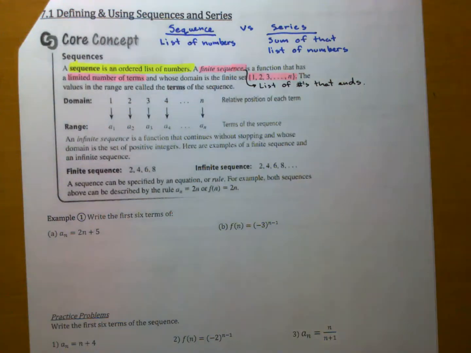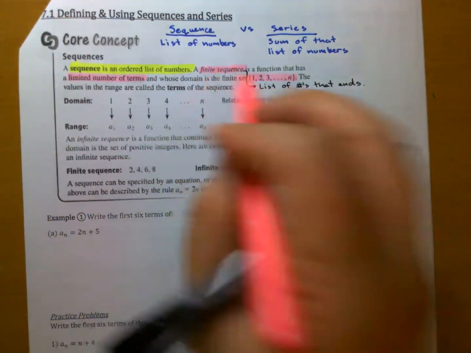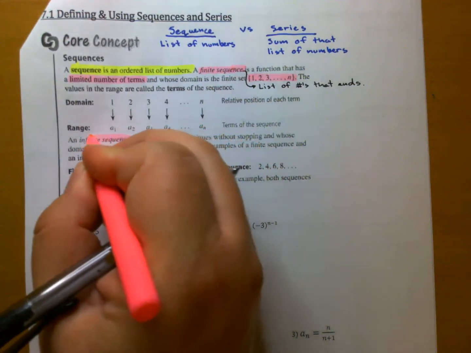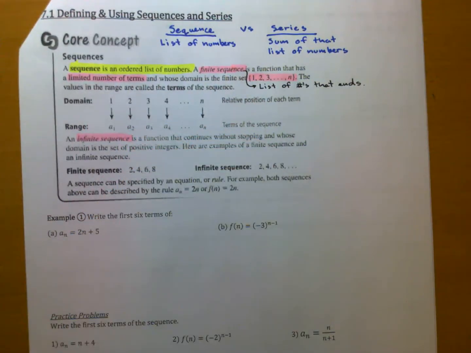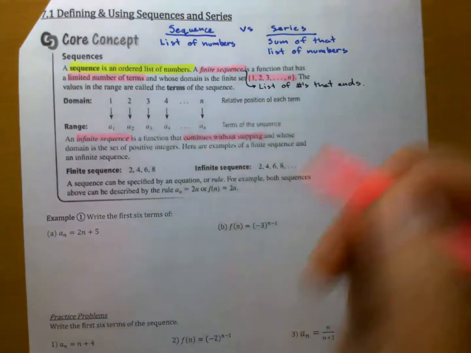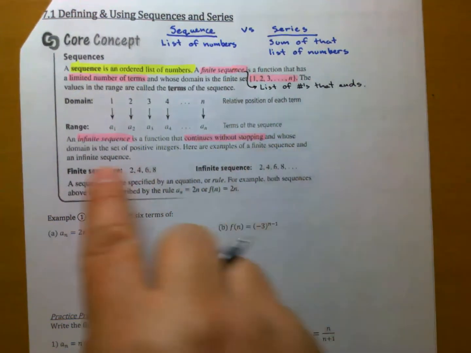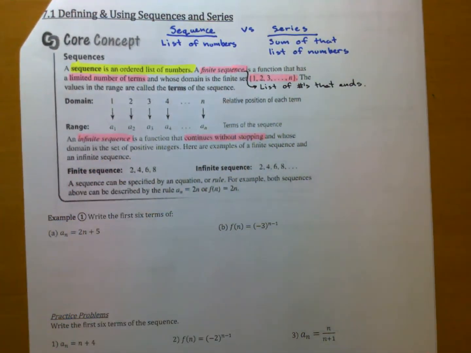Now there's a reason why we bring that up, and you'll see it coming up right now. In fact, let's jump to it right now. The reason there's a difference is a list that actually ends versus an infinite sequence. When you're dealing with an infinite sequence, it says it's a function that continues without stopping. So basically, it just goes on forever and ever, and it never ends. And it says whose domain is a set of positive integers. Down below, they're going to give us some examples.